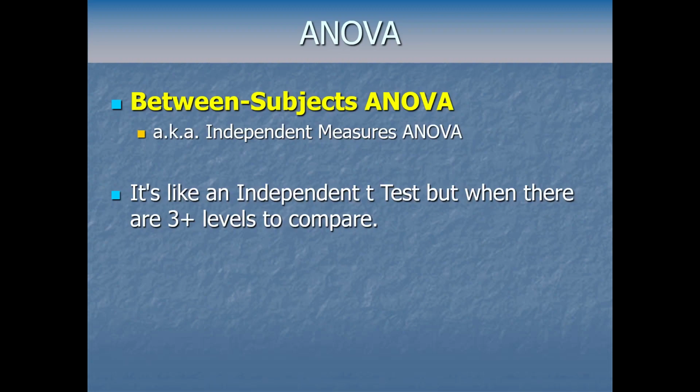But you can think of this like a standard t-test, like an independent measures t-test that we usually use to compare 2 different groups. The ANOVA allows us to compare 3 or more levels of a variable, 3 or more groups. It's a generalization of the t-test that works for a factor with any number of levels. Or maybe you could say the t-test is just a special case of the ANOVA where you're dealing with a factor that has only 2 levels.